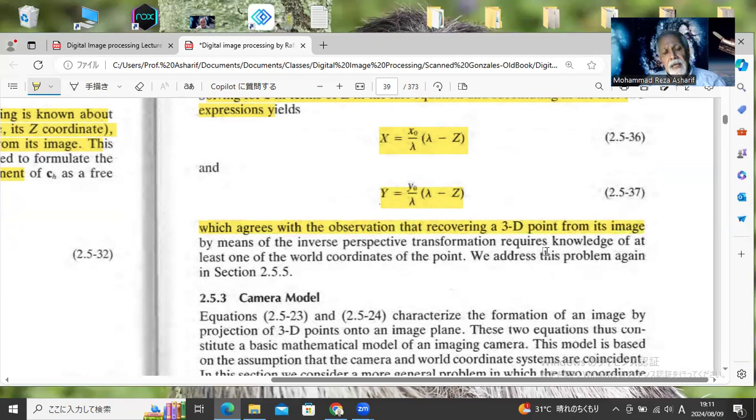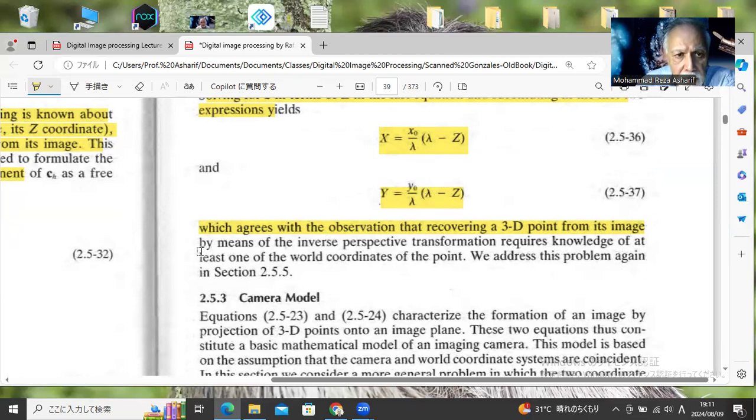So it means that finding the back perspective, which is the 2 to 3 dimensional projection, is impossible unless we use the free variable z, and then any point in the image coordinate can be mapped to the world if you know this kind of information.